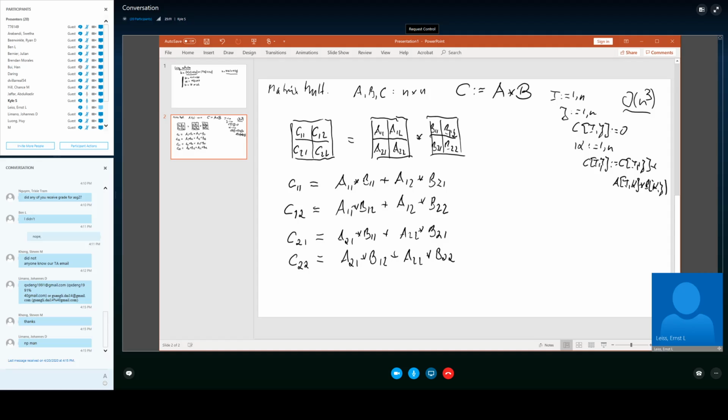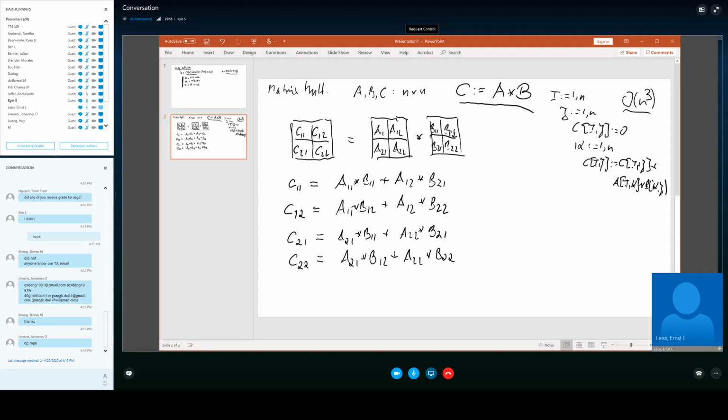And now if we look at this, then we basically have a recursive algorithm here, because we've replaced the original problem of computing the product of A and B, which are n by n matrices, with the problem of computing the product of portions of these matrices, quarters specifically.